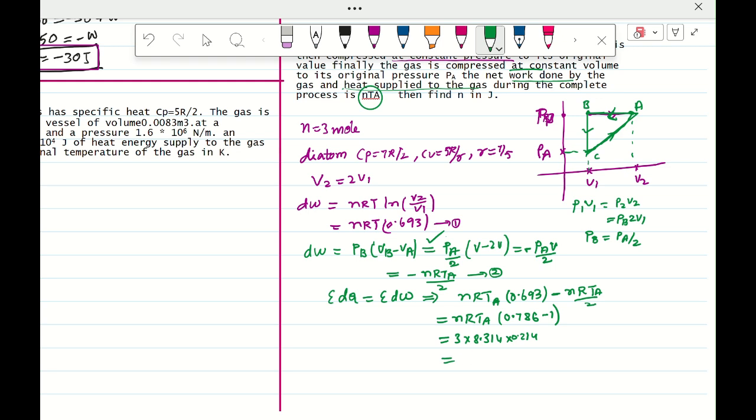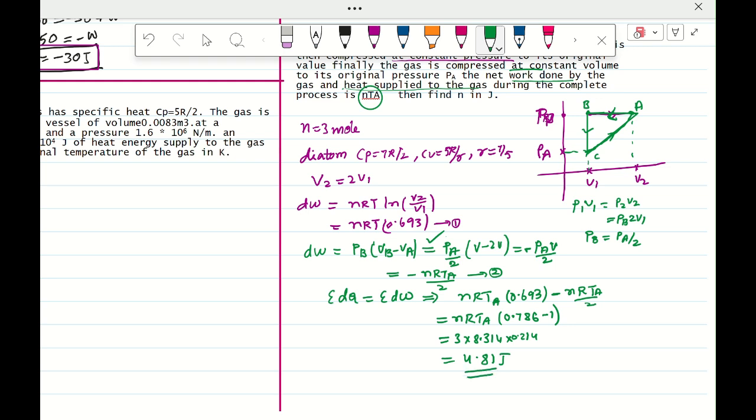So that will be 4.81 joules. This is the answer after calculation.